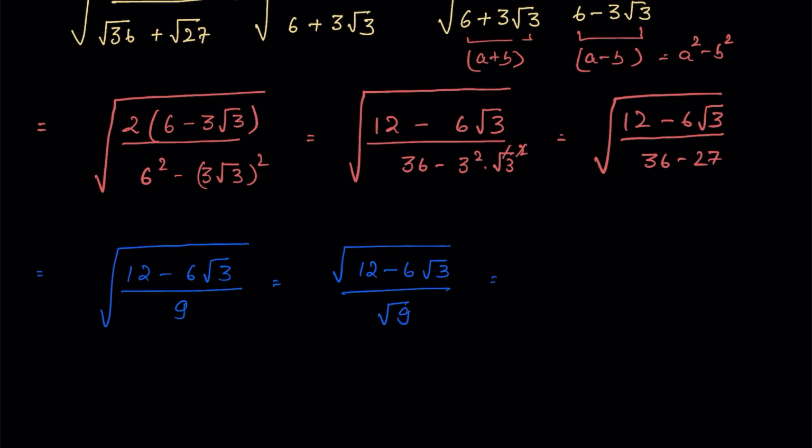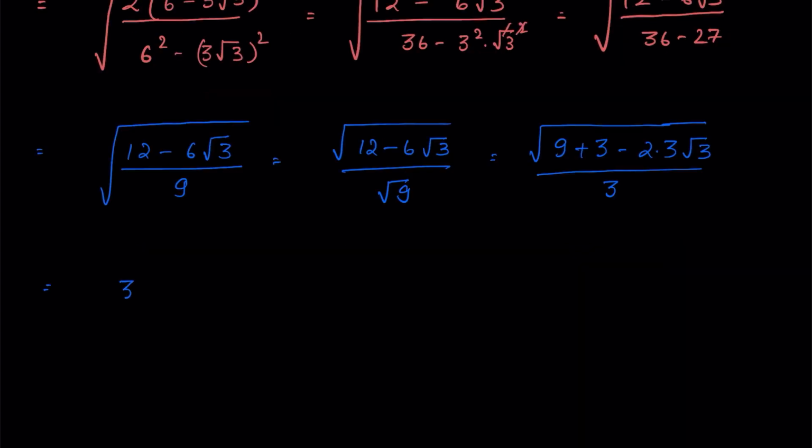Square root of 9 is 3, so we can write 1 upon 3 outside of the square root. Now 12 we can write 9 plus 3 minus 2 times 3 times square root of 3 upon 3. Now 9 we can write it as 3 square, and 3 we can write it as square root of 3 square, because square root gets cancelled with square, minus 2 times 3 times square root of 3.